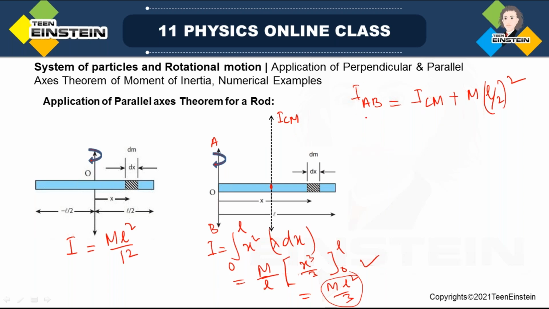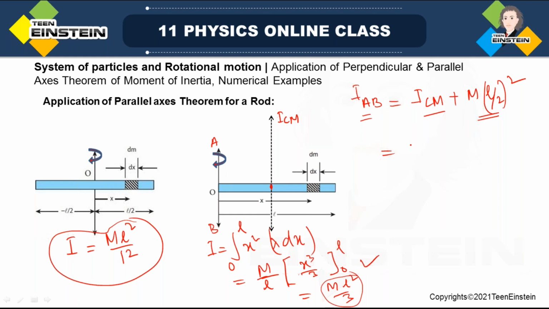Then the moment of inertia about that particular axis AB will be obtained by taking the summation of the moment of inertia of that rod about the center of mass and this term, which is the mass times the square of the distance between these two axes. So look, I know the moment of inertia about the center of mass.